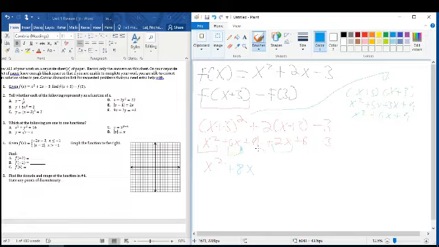And then that's the plus 9 and the plus 6, so 9 plus 6 is 15, minus 3 is plus 12. Okay. So that's for our x plus 3 term. That's f of x plus 3.